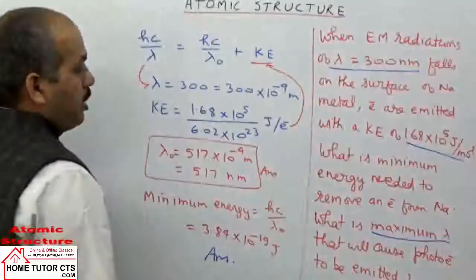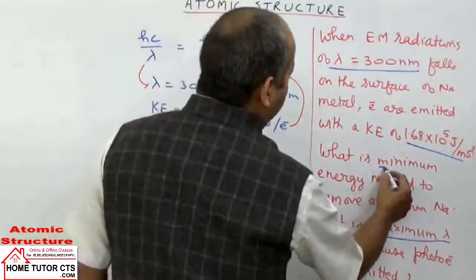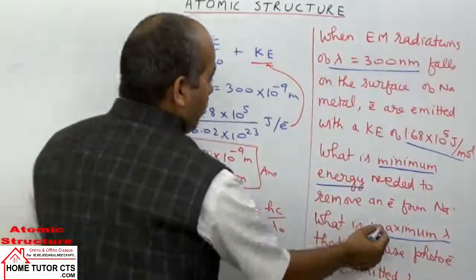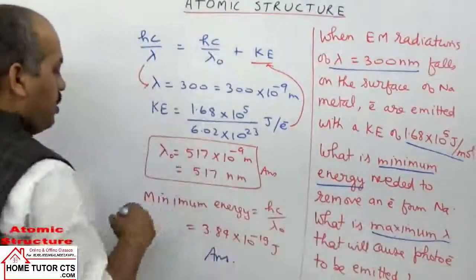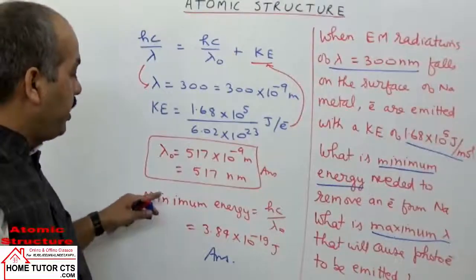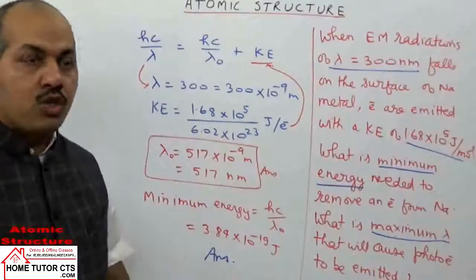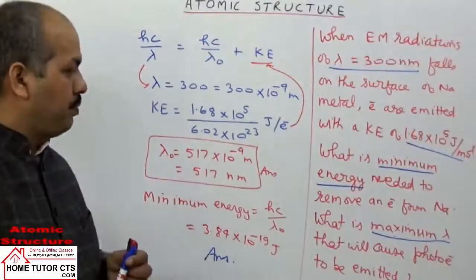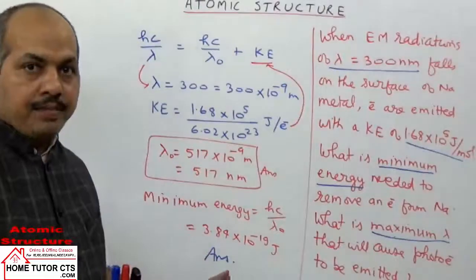So we need two answers here: what is the minimum energy, or maximum wavelength? The energy which corresponds to the longest wavelength, energy becomes minimum, or threshold energy, is the second required answer of this question. I hope it is clear.